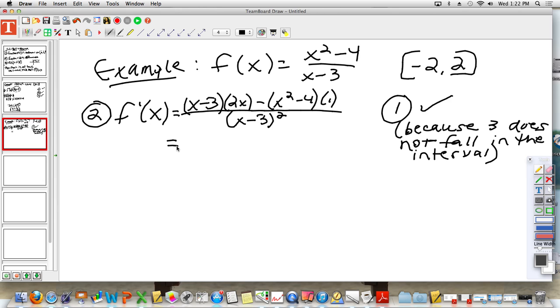Which is equal to? So yeah, we're going to clean this up, distribute in. We're going to get 2x squared minus 6x. Yep. Minus x squared plus 4. Yep. Divided by x minus 3 squared.